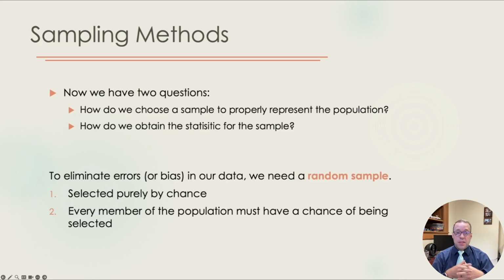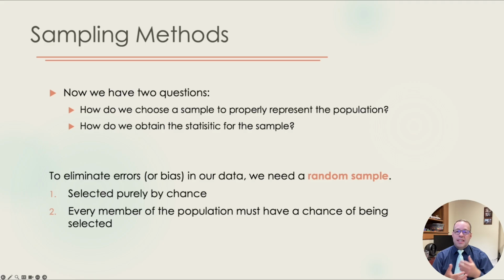Why do we use random samples? Well, there are a lot of reasons. First of all, as we mentioned, we need to properly represent the entire population. Second of all, if it's not selected purely by chance, we may unintentionally favor one group more than another. Again, reporting bias. I may represent other parts of the population, but if I focus on one group, that will skew the data towards that group.